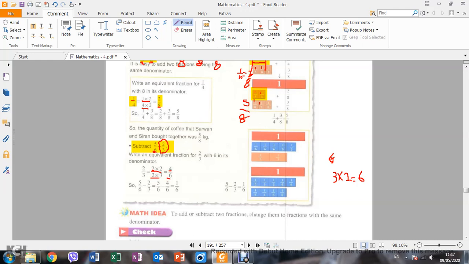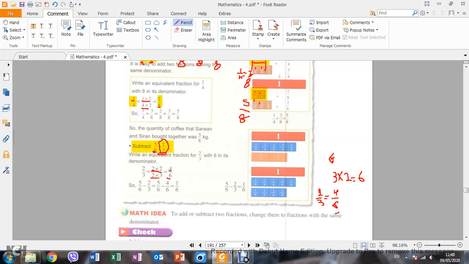Instead of 2/3, look, 2/3 equals 4/6. So we replace 2/3 in the example, we use 4/6. Okay, look, instead of this one we use 4/6.